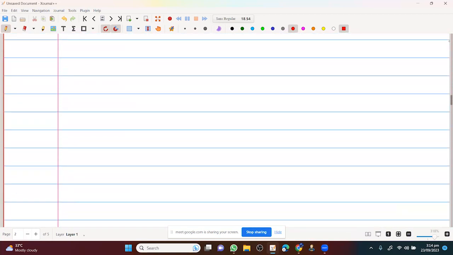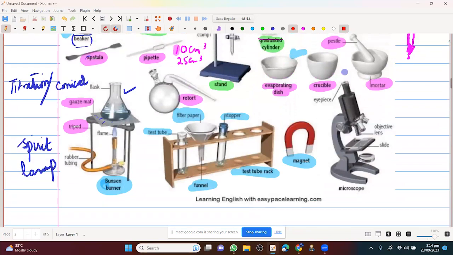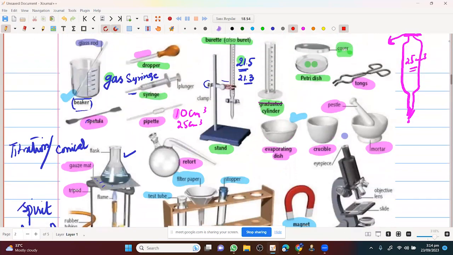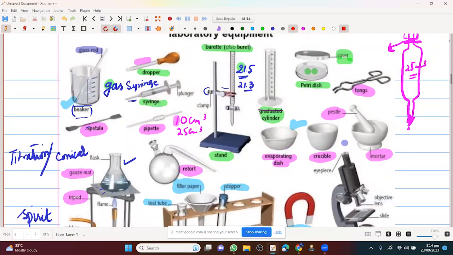But here you can see some apparatuses used to measure liquids. This is a beaker, conical flask, retort flask, the graduated cylinder. A Petri dish is basically used to place something. Here are some more apparatuses: burette, pipette, measuring cylinders. All of these are used to measure liquids or solutions.